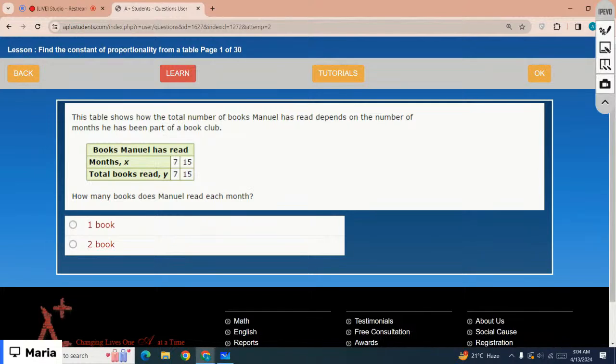You have to calculate y over x. So it is 7 over 7, 15 over 15. The correct option is only one book. That means Manuel read only one book each month. The correct option is 1, right?